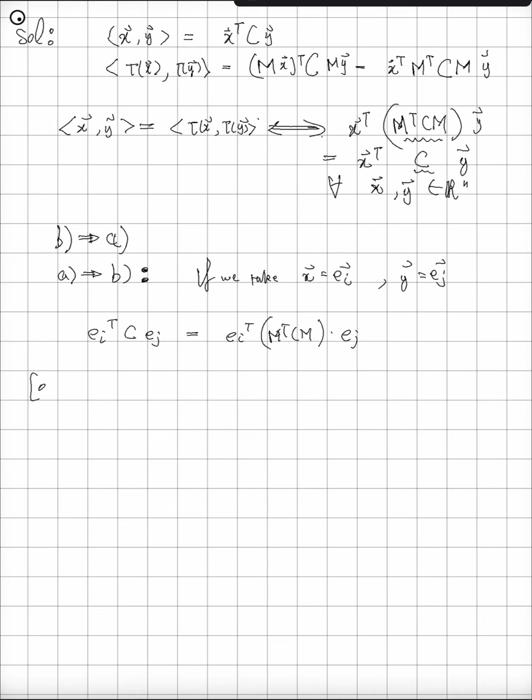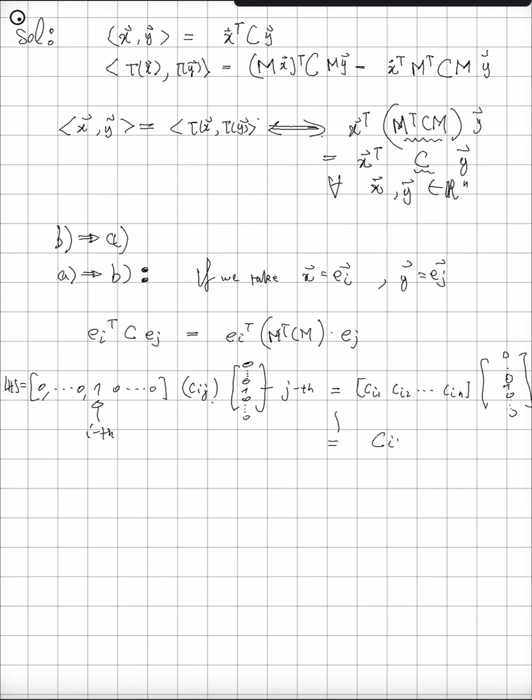This is 0, 0, 0, and then 1 in the i-th column, then the matrix C with entries C_ij, then e_j with 0, 0, 0 and 1 in the j-th row. On the left-hand side you see this cuts out the i-th row, C_i1, C_i2, ..., C_in, and then multiplication with e_j cuts out C_ij, right?